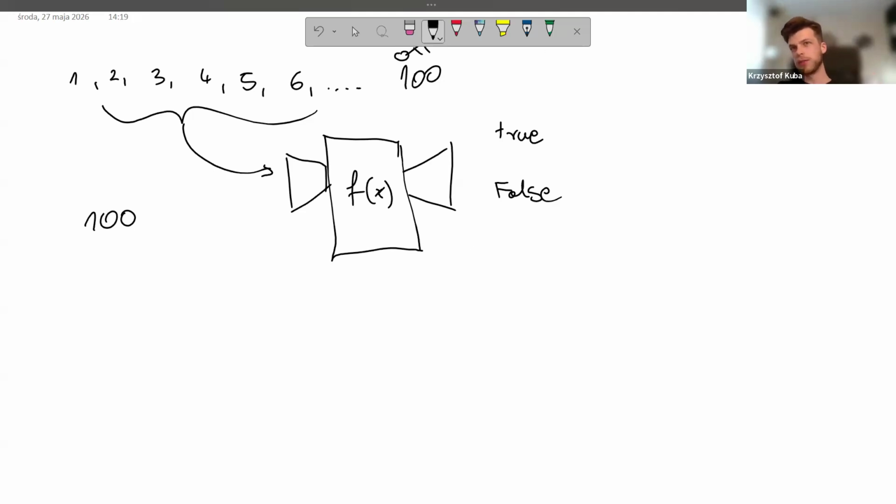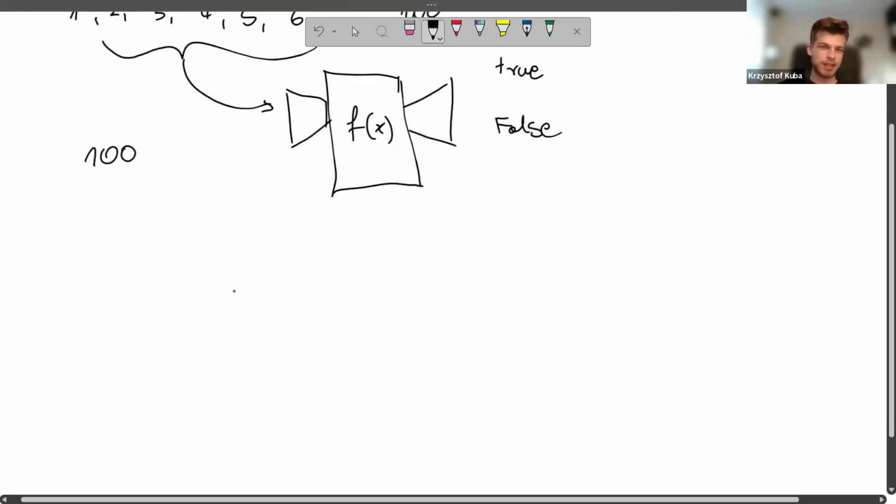Raise your hand if you know why this is square root of n. I know that some people have some intuition, but do you actually know where the square root comes from? Not really, I don't see any hands.